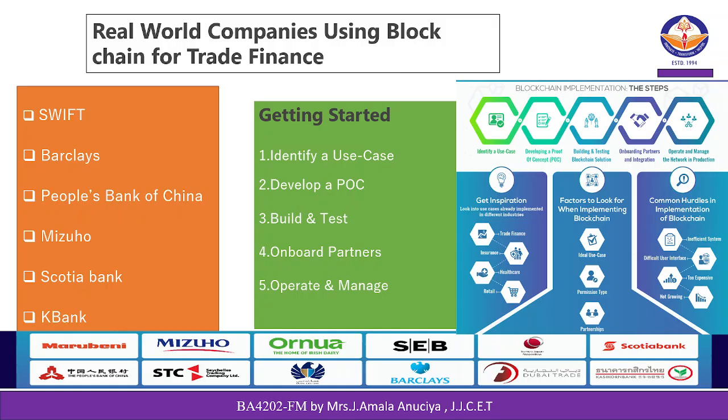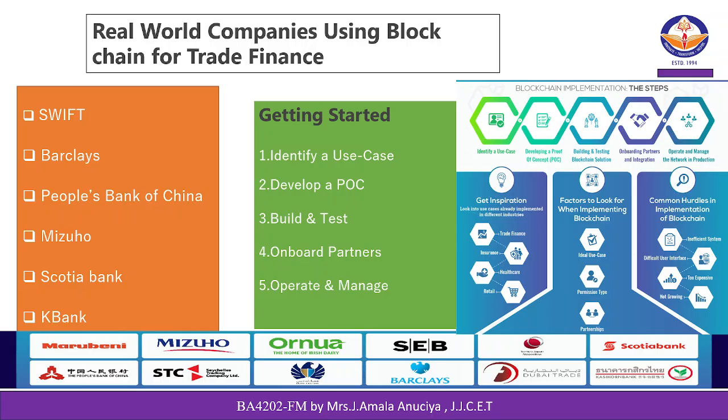Next one, Barclays. They are working on a way to offer their approach on trade finance to solve global trade issues. Next, People's Bank of China will improve the trade finance blockchain.